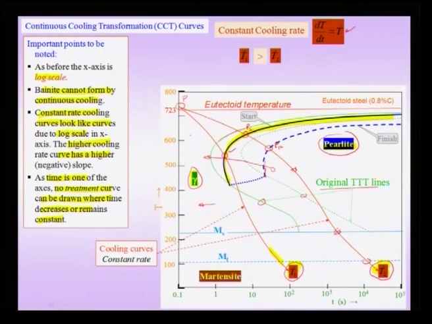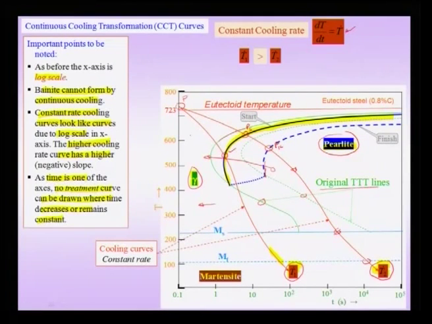To summarize this slide, here I have my TTT diagrams and CCT diagrams, which have been overlaid on the TTT diagrams. The green curves are my original TTT diagrams, the blue curves are my new CCT diagrams. If I use constant cooling treatments, even though I am using a constant rate of cooling T dot like T1 dot or T2 dot, which is nothing but dT by dt, d capital T by d small t, these straight lines start to look like curves, because now time is in log scale.